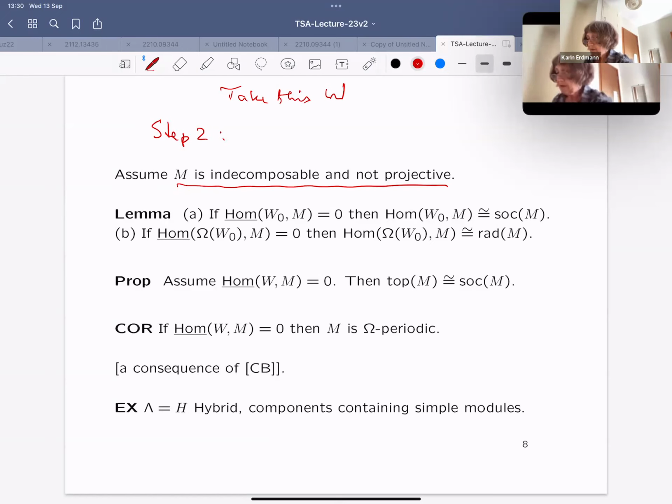And we want to show that if the stable homomorphisms from W to M is 0, then our module M is actually periodic. That's what we wanted.